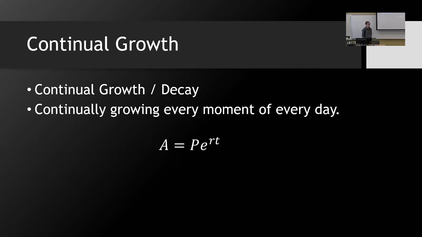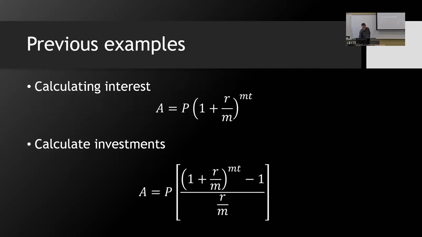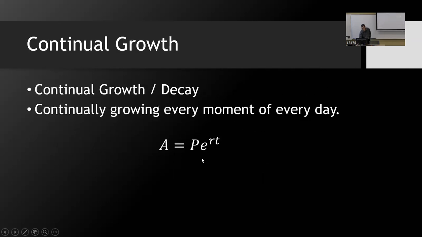So if you're increasing by 5% monthly, that's this one with the M. If you're increasing by 5% continuously, that's this one with the E.